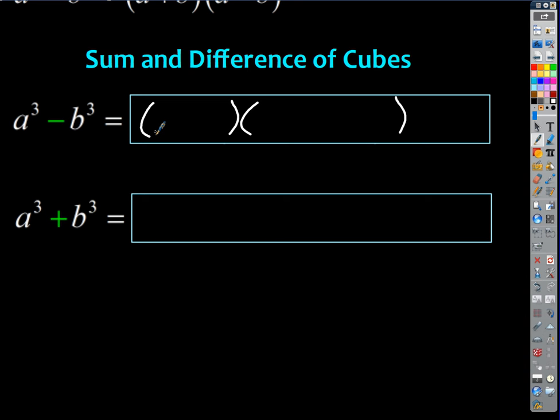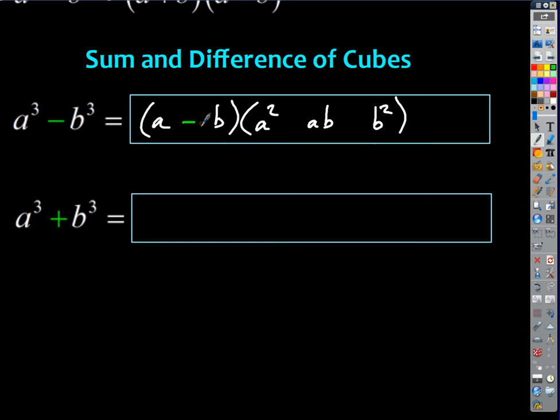The small factor has two terms, an A and a B. The big factor has an A squared, an AB, and a B squared. And you remember what the sign rule is. Whatever is there, if it's a difference of cubes, so if we're factoring A cubed minus B cubed, the first factor is A minus B.